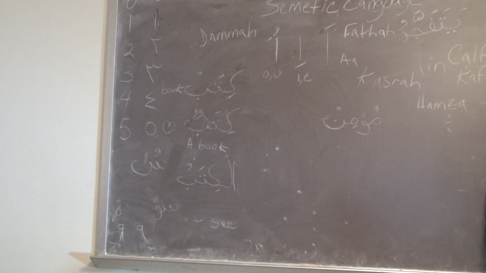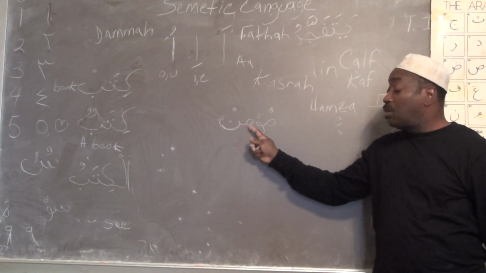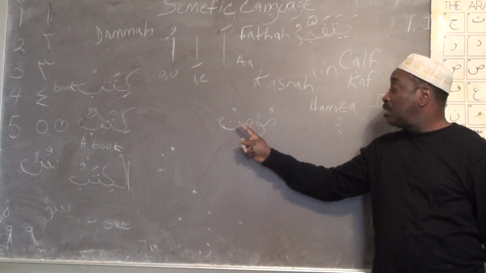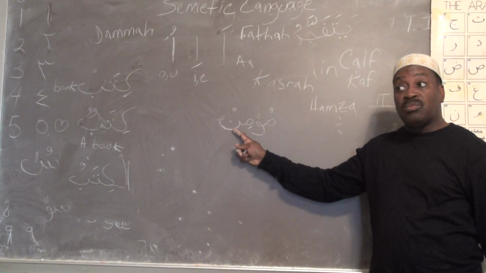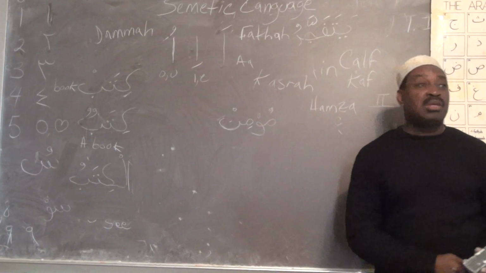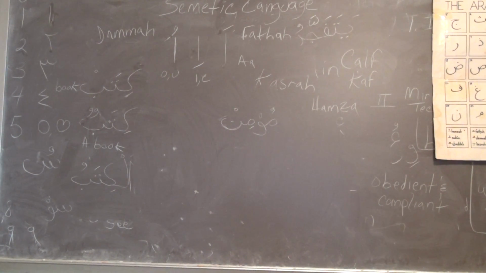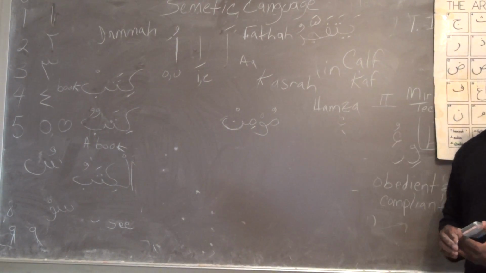What do we have here? First of all, let's identify the letters. We have meem, waw, meem again, noon. If we put it all together, we come up with the word what? Mu'min, believer.